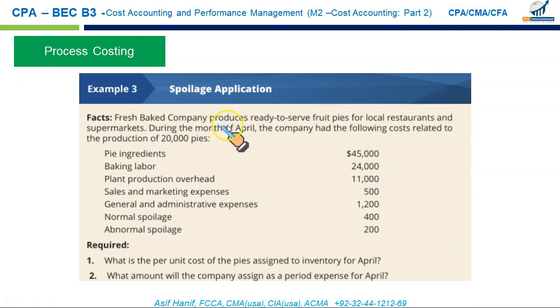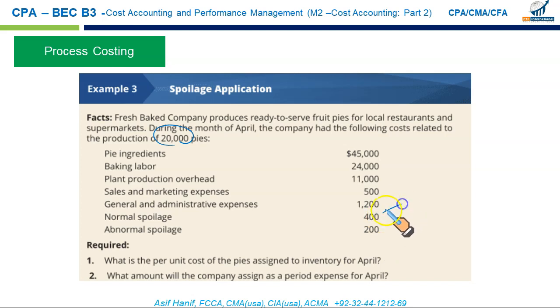Fresh Baked Company produces ready-to-serve fruit pies for local restaurants and supermarkets. During the month of April, the company had the following costs related to the production of 20,000 pies. Pie ingredients 45,000, baking labor 24,000, plant production overheads 11,000, sales and marketing 500, general and administrative expenses 1,200, normal spoilage and abnormal spoilage.